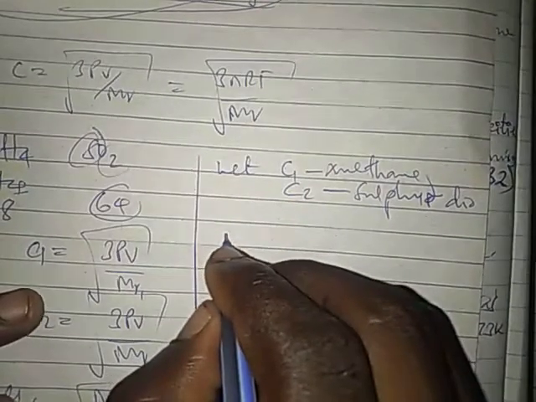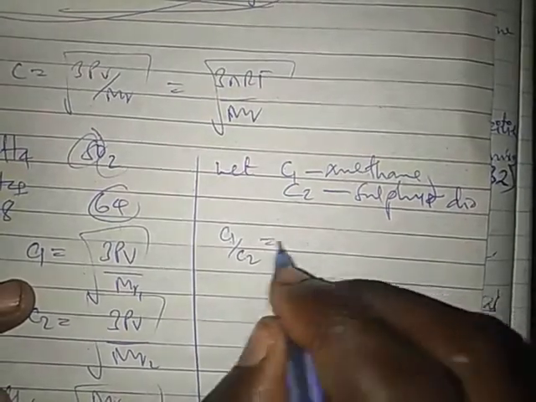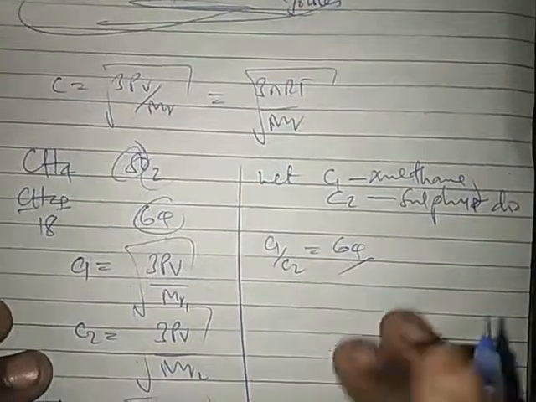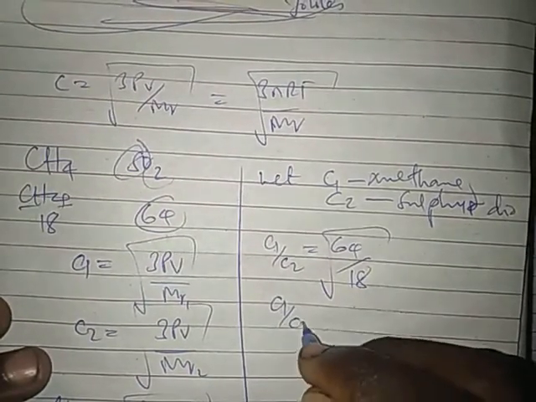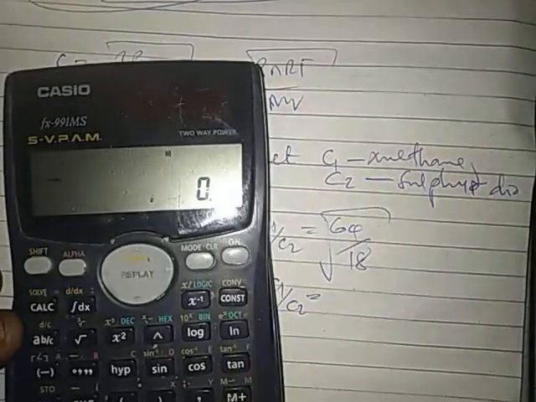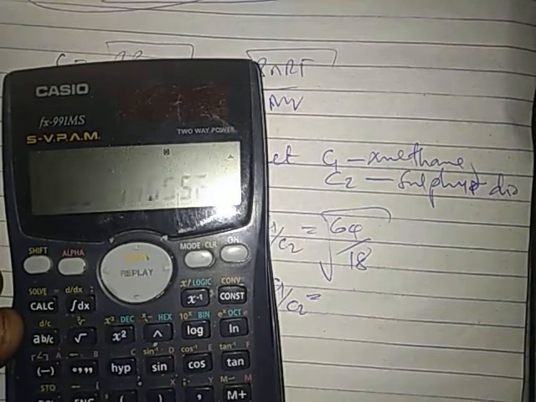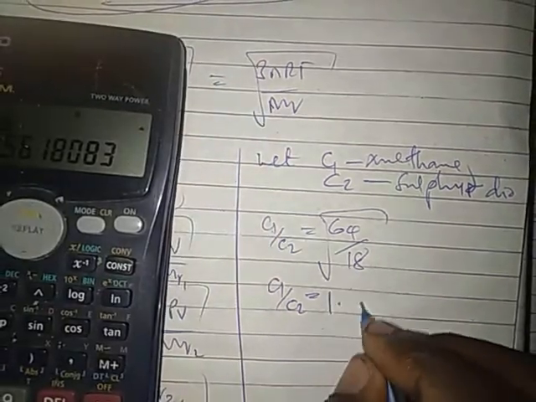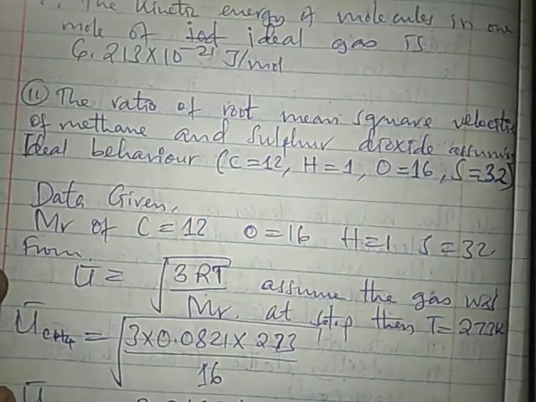So maana yake C1 divided by C2 is equal to square root of molar mass ya sulfur dioxide, 64, ikigawanywa kwa molar mass ya methane, ambayo ni 16. Kwa hiyo 64 kugawanya kwa 16, square root, ni 2.